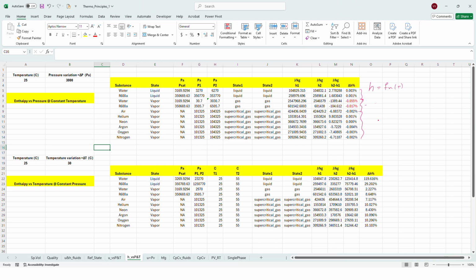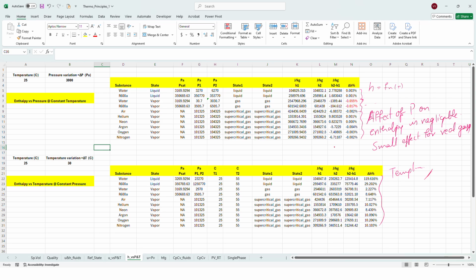So you can say that the effect of pressure on enthalpy is negligible. Small effect for real gases. Okay, and clearly there is a big effect of temperature.